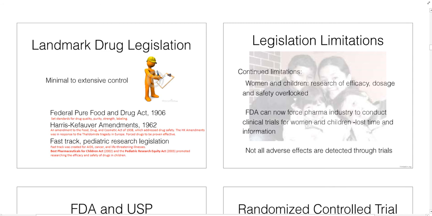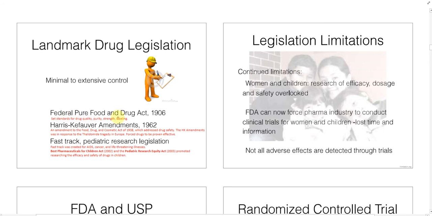There's been some very important legislation that has occurred since medications first started popping up in the US. I mean, they've been around forever, but back in 1906, I think, was when we first started seeing medication legislation.